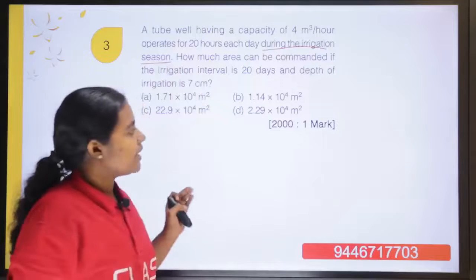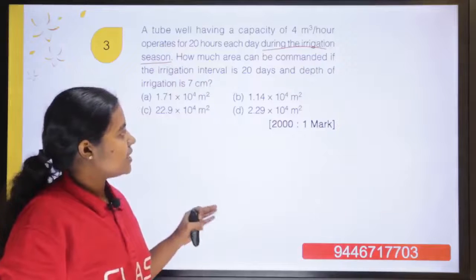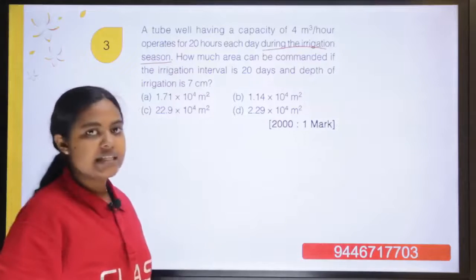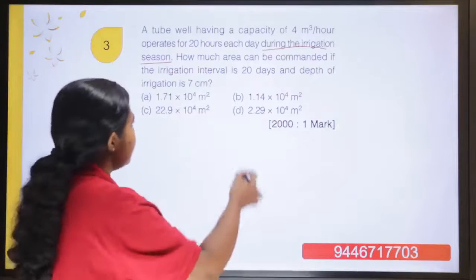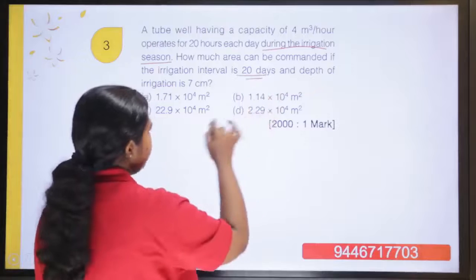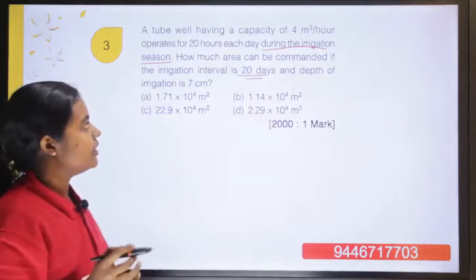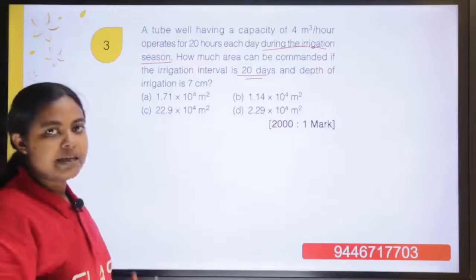How much area can be commanded if the irrigation interval is 20 days and the depth of irrigation is 7 centimeter? We have to find out the area which can be commanded.